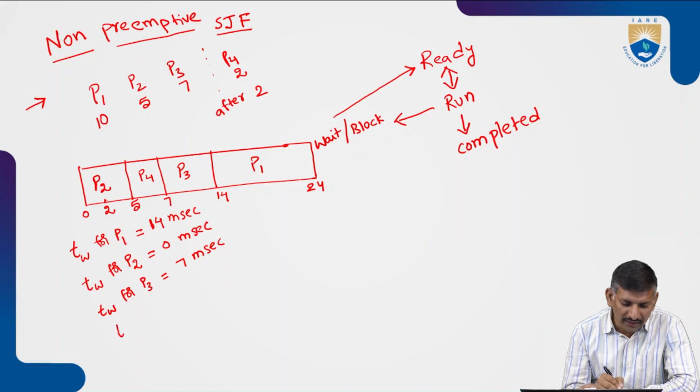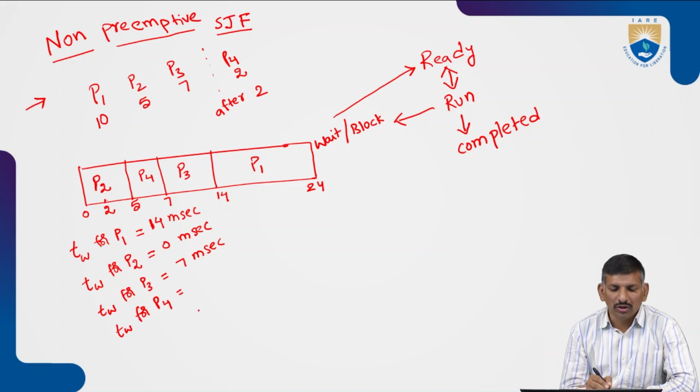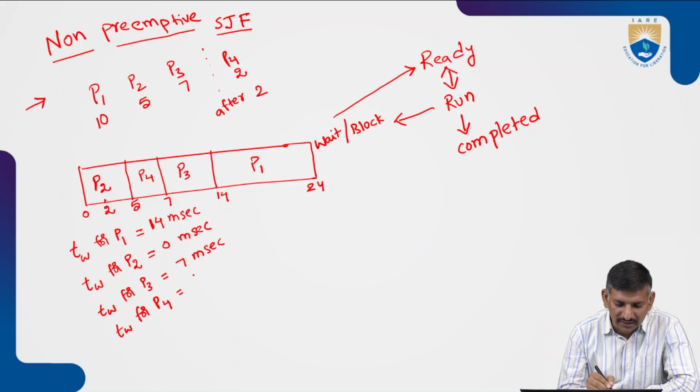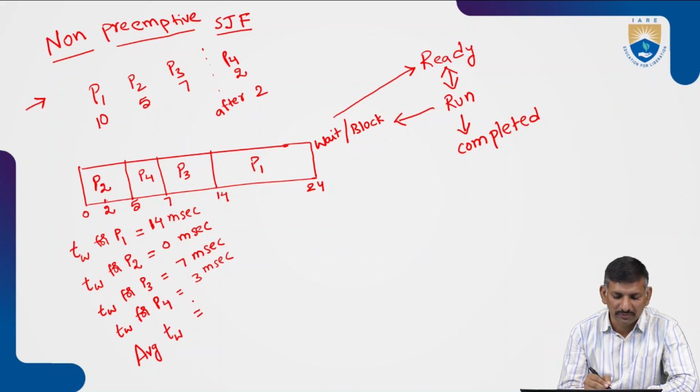Next, waiting time for process P4. P4 enters into the ready state at the 2nd millisecond and is scheduled for execution at the 5th millisecond. So the total waiting time is 3 milliseconds. Average waiting time is the sum of all these waiting times divided by 4.